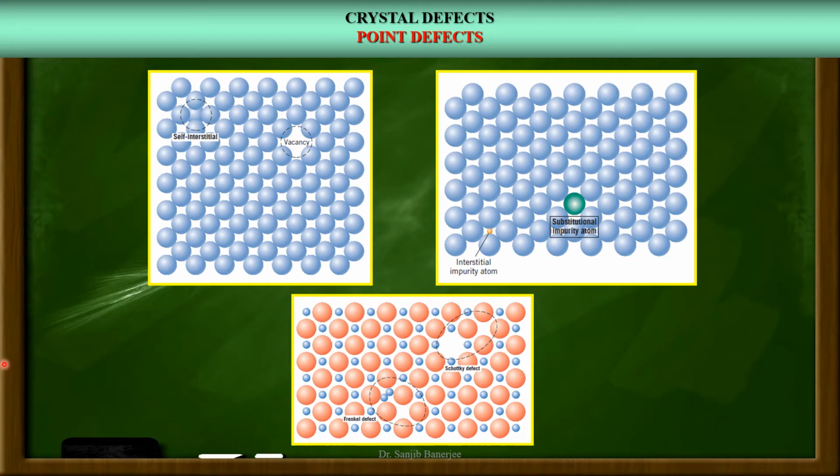Let us now study about the point defects. Point defects are the zero-dimension defects because they represent the defects which are related to the position, presence, or absence of an atom. Let us now explain different examples of point defects.